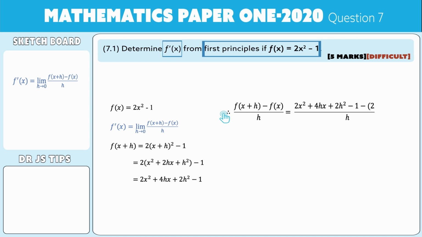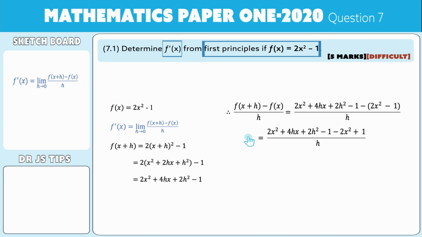You're going to subtract this 2x squared minus 1. And that negative is going to influence the sign of the minus 1. Okay, so if we do that, we get 2x squared plus 4hx plus 2h squared minus 1 minus 2x squared plus 1, all of that divided by h.